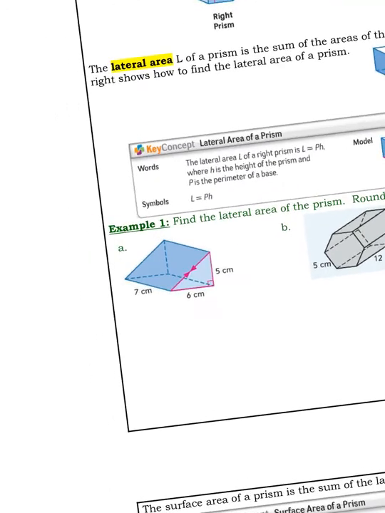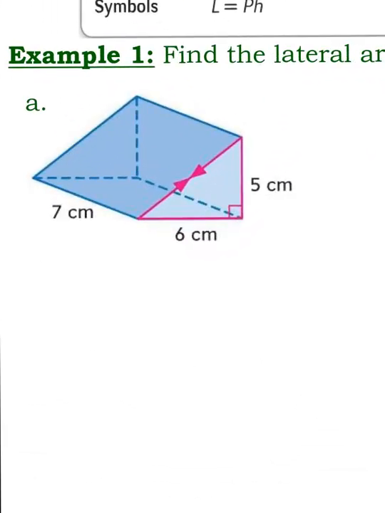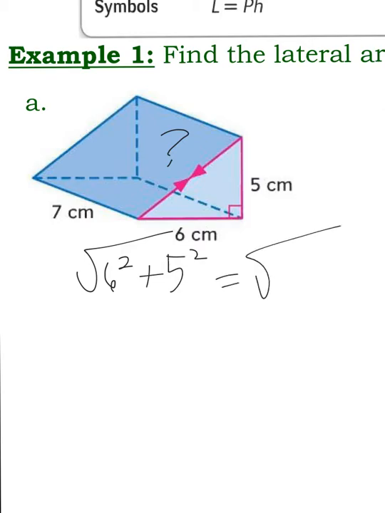In this first example, the base is a triangle, and we don't know the perimeter of this triangle. So how do I find that missing side? I can find it by using the Pythagorean Theorem. 6 squared plus 5 squared equals 61, so the missing side is the square root of 61, and I'll keep it that way for right now.